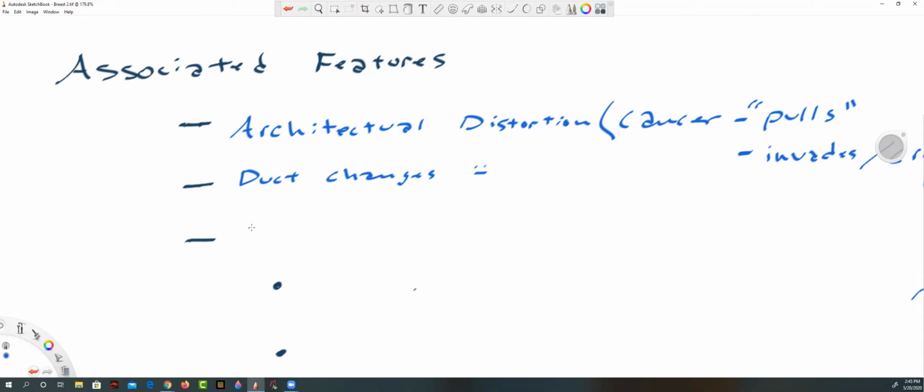Oh, skin changes. We've mentioned these already, but on ultrasound, we can see thickening, retractions.